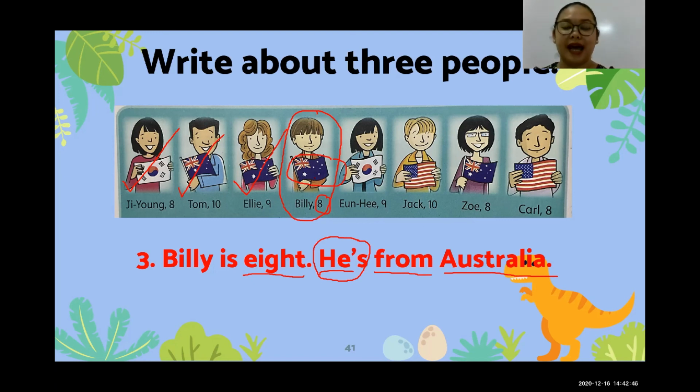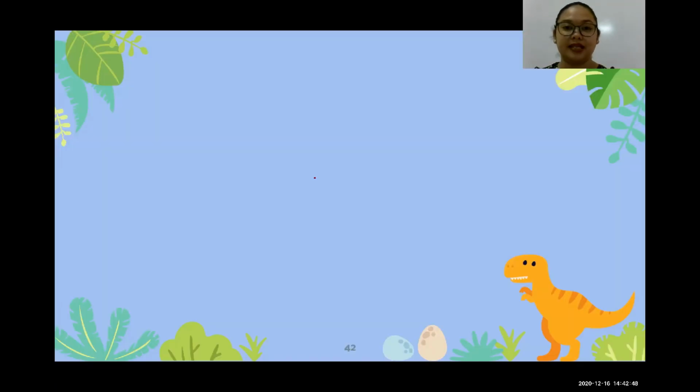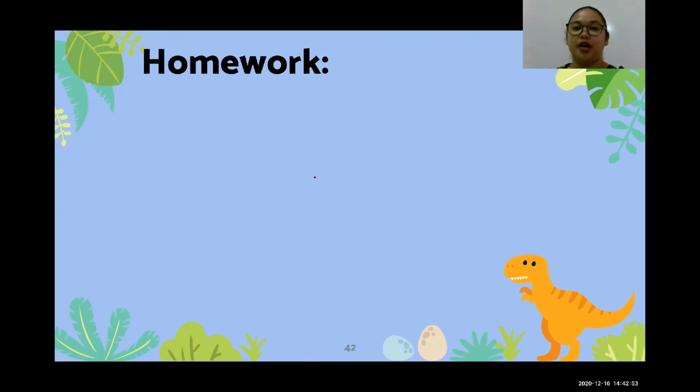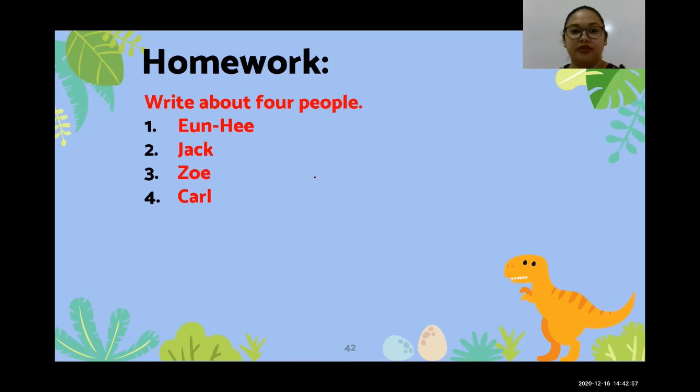So our class activity is, this is your homework, okay? This will be your homework. So on page 10, write about 4 people. Put this one in your English notebook, okay?